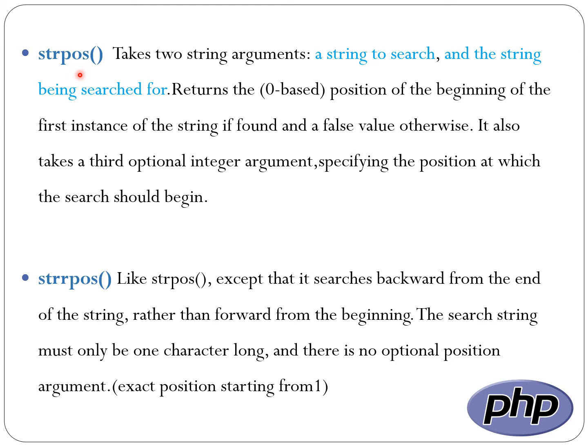So remember, this strpos is a function which is used for searching a substring in a string. So the first argument is the string that is to be searched. Then the second one is where the search should be performed, and the third argument is optional and it gives the index position where the search should begin. So this is about strpos.